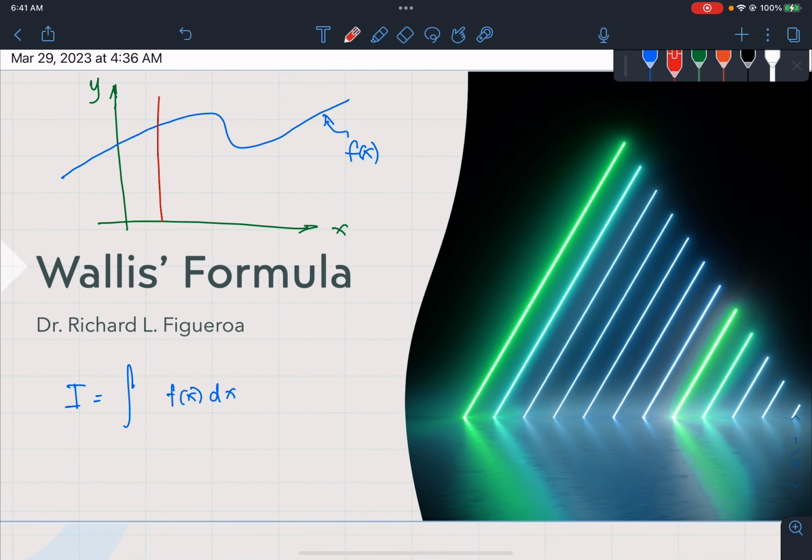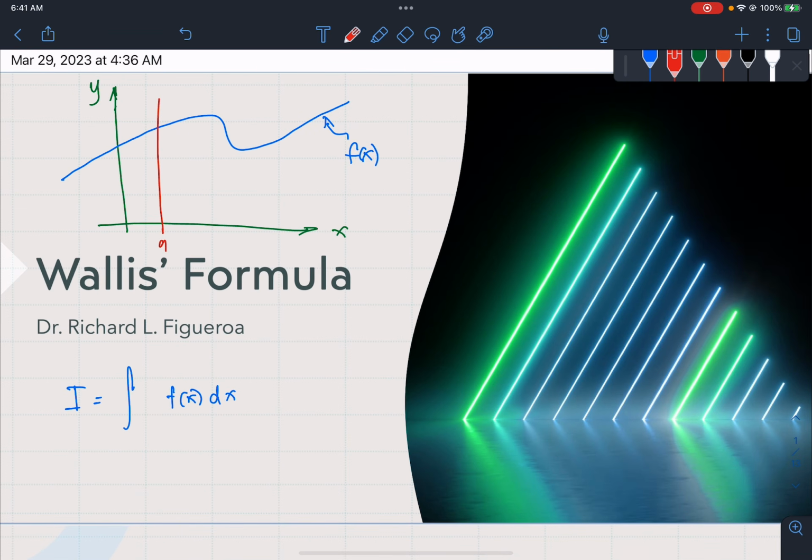Let's say I just want to evaluate the function from the lower limit a to the upper limit b. That means once I have the interval, from lower limit a to upper limit b, I integrate it first, and afterwards evaluate it from the lower to the upper limit.